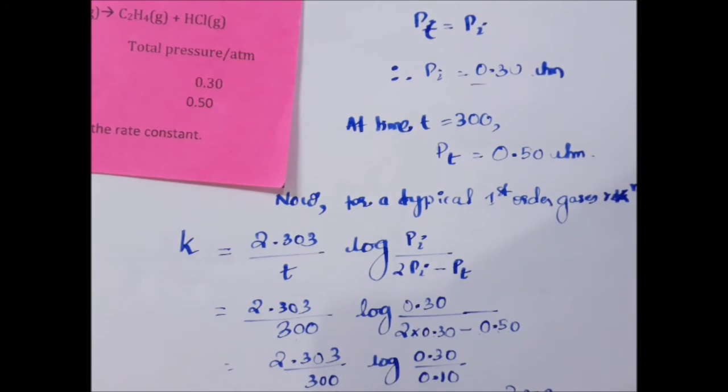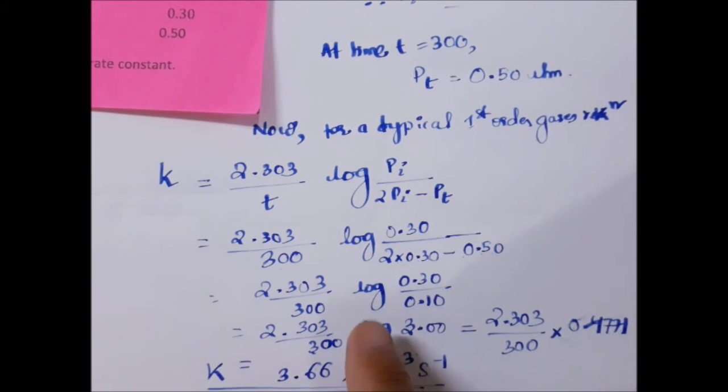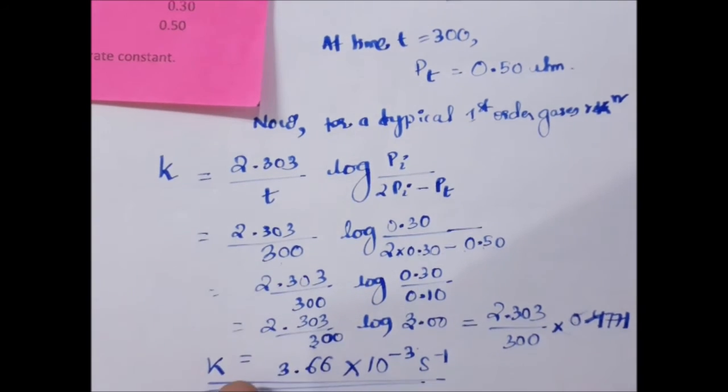After calculation we get 2.303 by 300 log 0.30 by 0.10, which is log 3. Now log 3, before the decimal there is only one digit, so the characteristic is 0. Log 3 is 0.4771. After calculation you will get K as 3.66 into 10 to the power minus 3 second inverse.